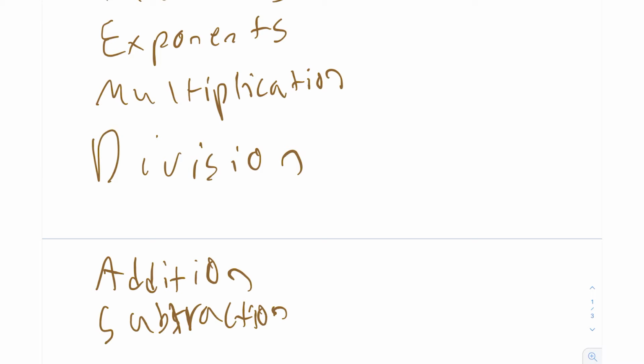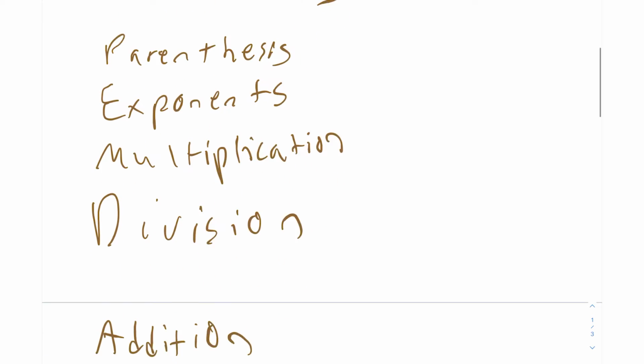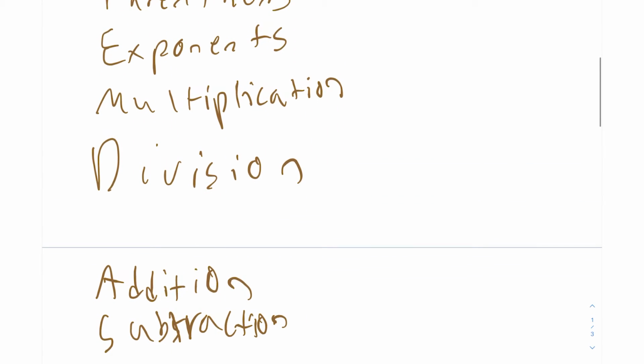So, to be a little bit more complex with PEMDAS, when you're looking at a problem, there are specific steps. You can't just do it in any order. There's a specific order.